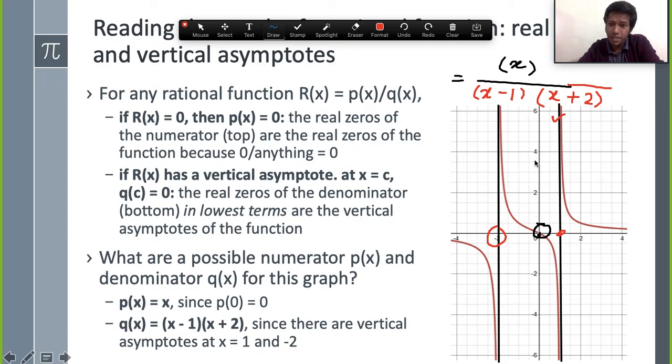We will extend the idea a little more, but the very basic idea is: you get the x-intercept from the numerator, and vertical asymptotes from the denominator.